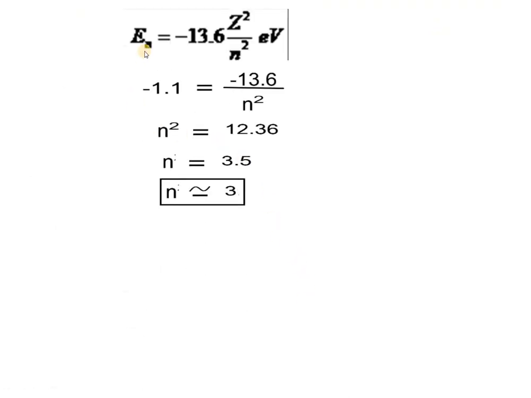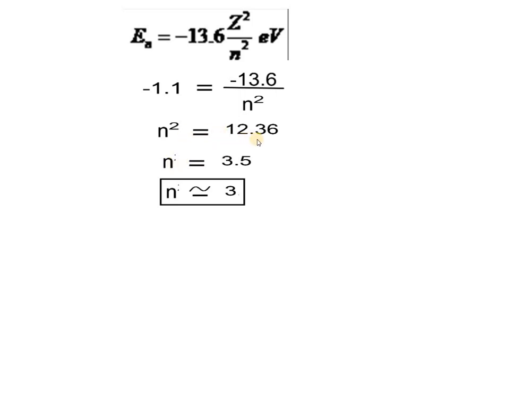The energy of the electron after absorption, minus 1.1 electron volt, is equal to minus 13.6, and Z, as we know, equals 1, so Z square, 1 square, is equal to 1, divided by n square. The electron volt cancels with electron volt. If we calculate, n square will be equal to 12.36.